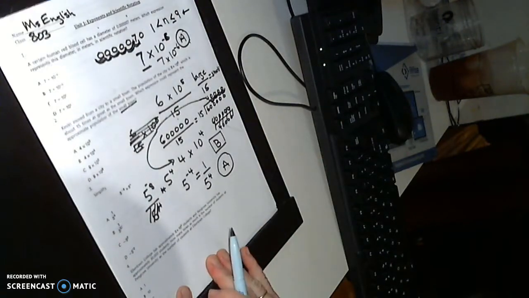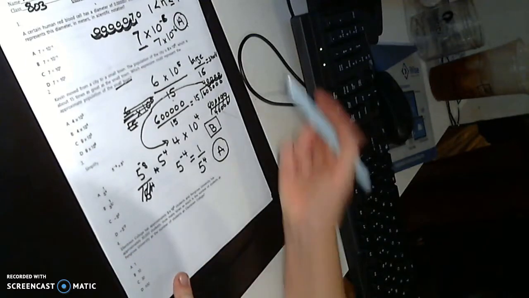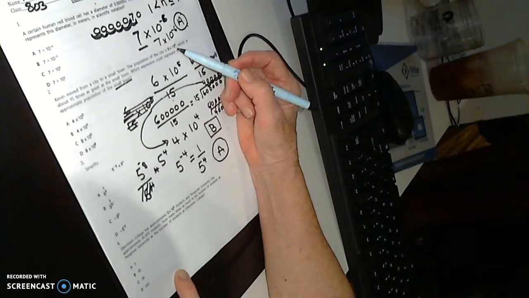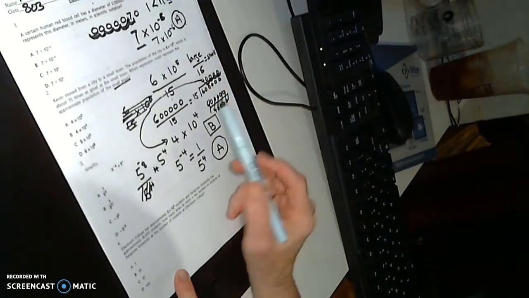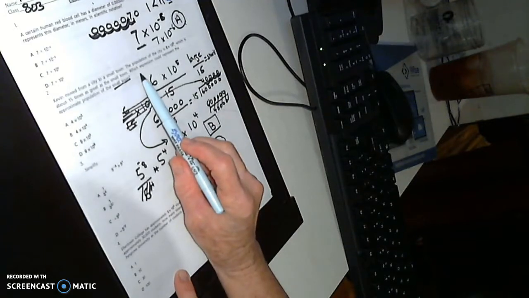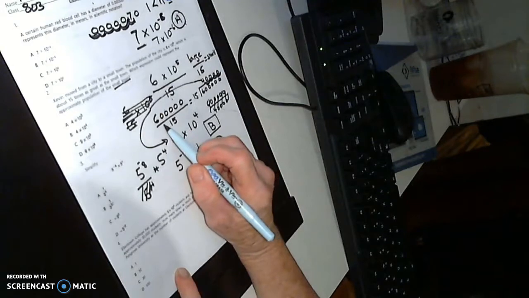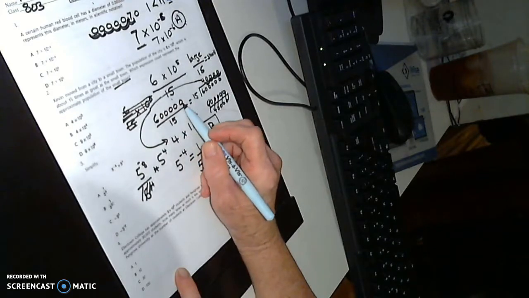Question number 2 says Kevin moved from a city to a small town. Lucky Kevin. The population of the city is 6 times 10 to the 5th power, which is 15 times as great as the small town. There are a couple of different ways, but I think the easiest way is to write out 6 times 10 to the 5th, which is 6, 1, 2, 3, 4, 5.